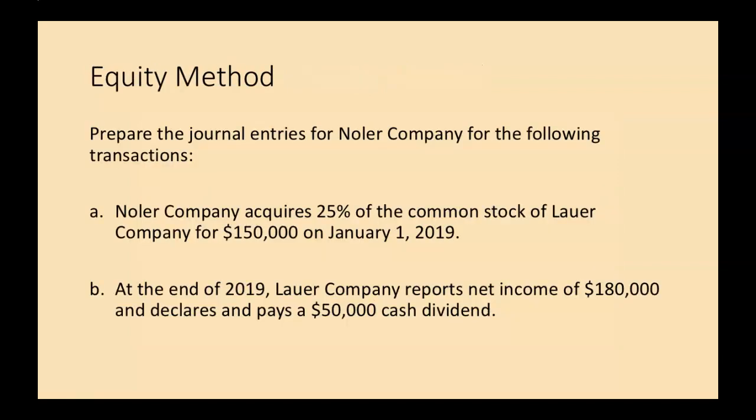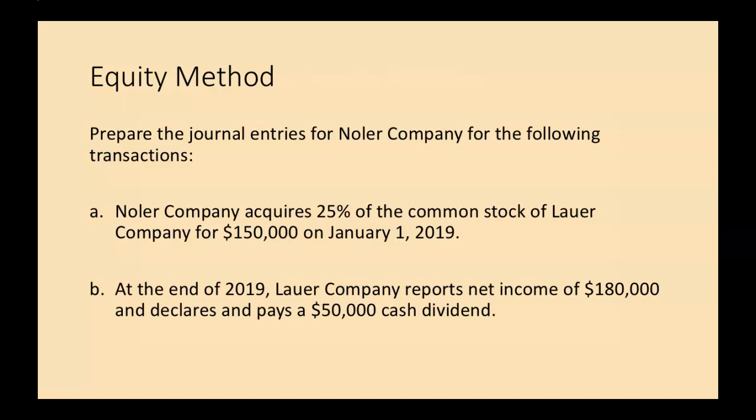So we need to prepare the journal entries for Knoller Company for the following transactions. So the first one, Knoller Company acquires 25% of the common stock of Lauer Company for $150,000 on January 1st, 2019.